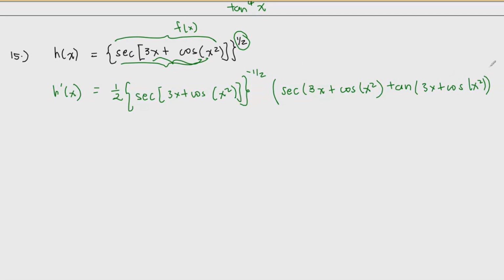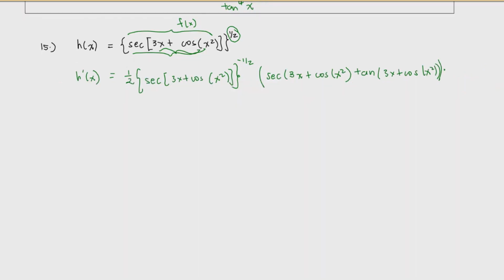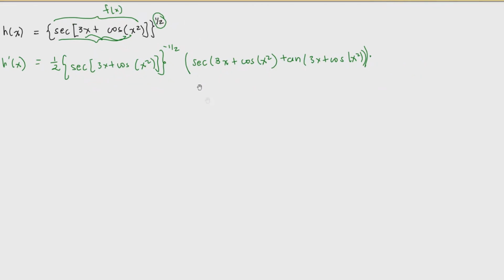Now, do you think it's done? So not yet, because we still have to multiply this with the derivative of what's inside. And the derivative of what's inside is, actually, I will be zooming out this so that we can have more space.